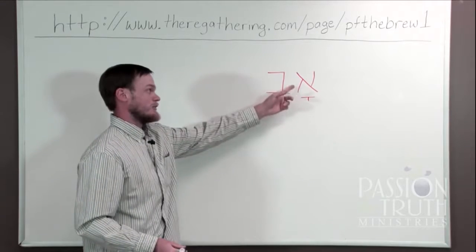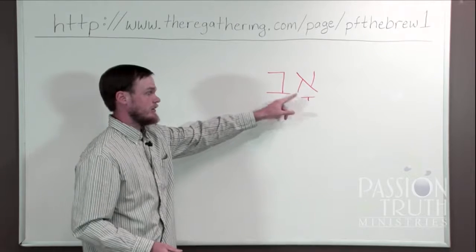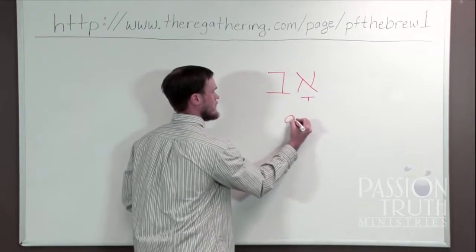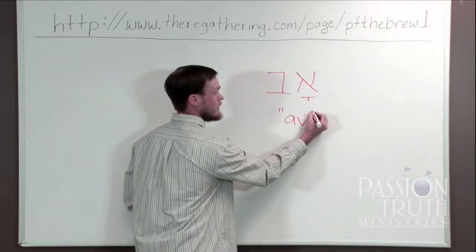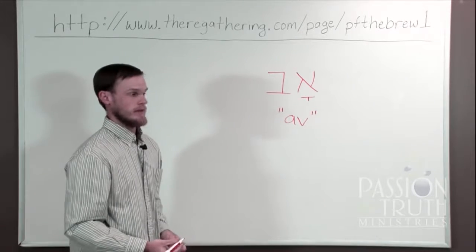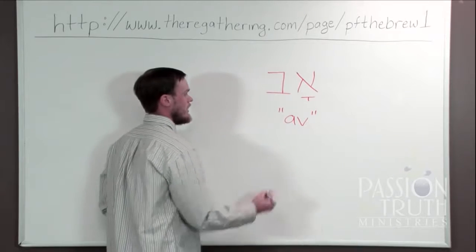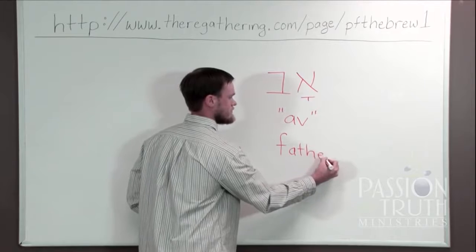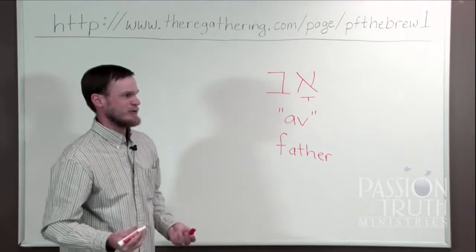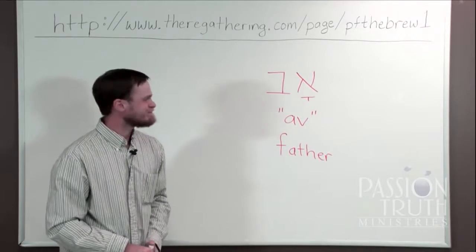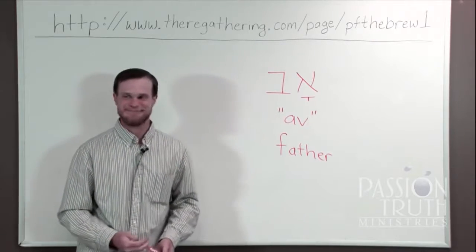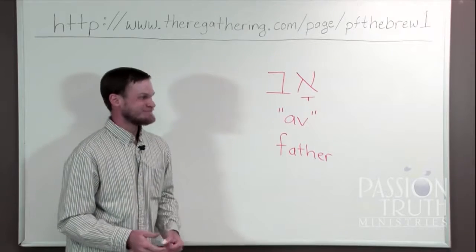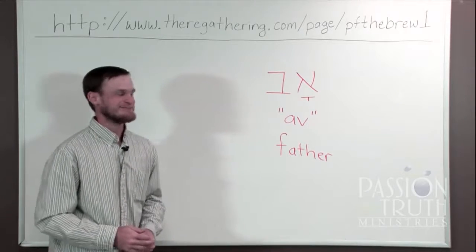So to pronounce this, aleph makes no sound, kametz makes an ah, beit with no dagesh makes a v. Av. And Av means father. How fitting for the first two letters of the alphabet to spell father. So there's your first word. Aleph beit.